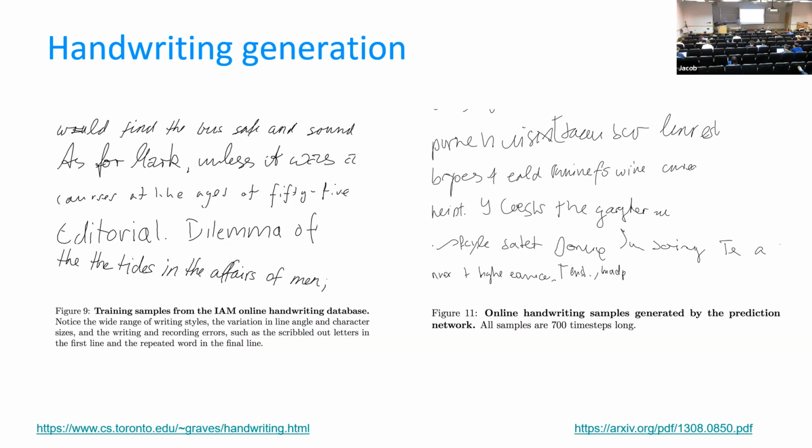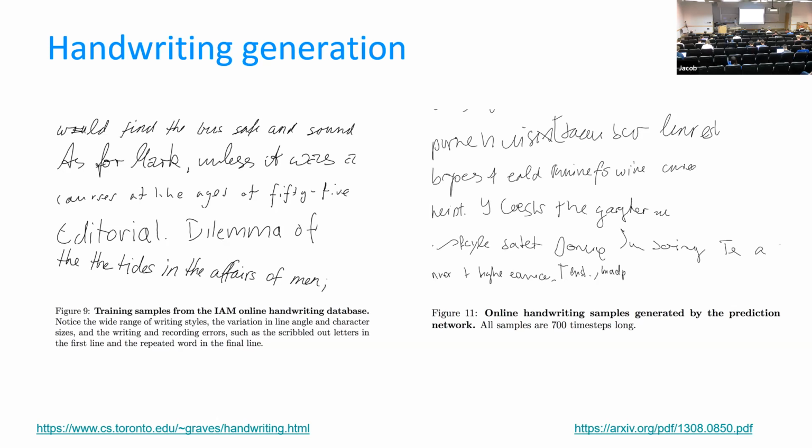In this case, our inputs are X and Y coordinates of pen strokes, and we are trying to predict the relative X and Y coordinates of the next pen stroke, given all of the pen strokes leading up to the current location.